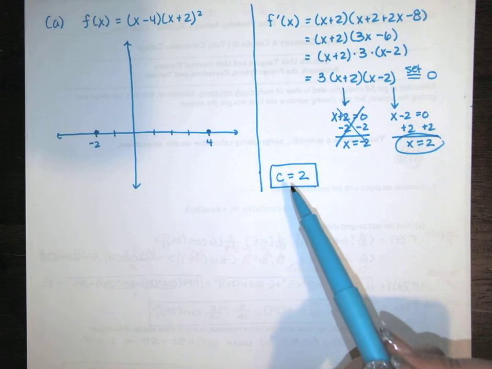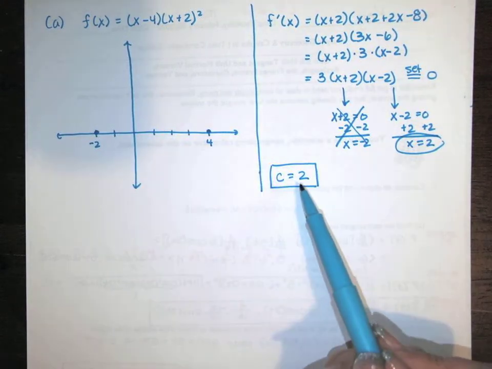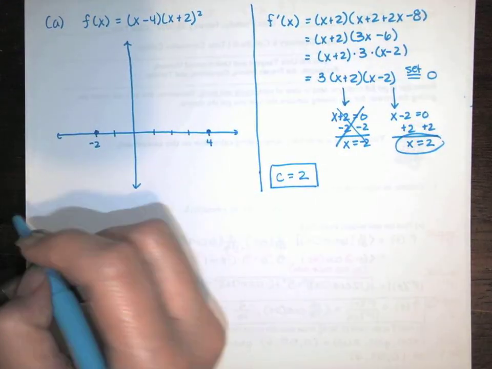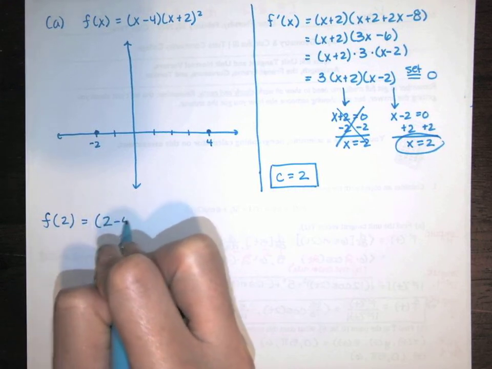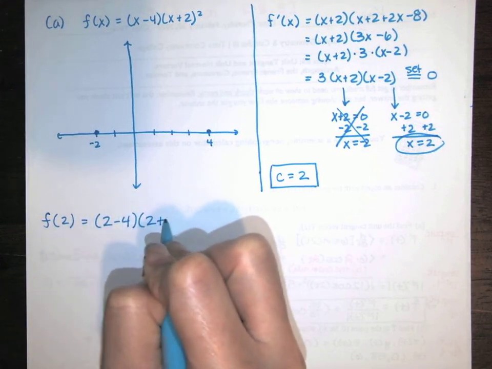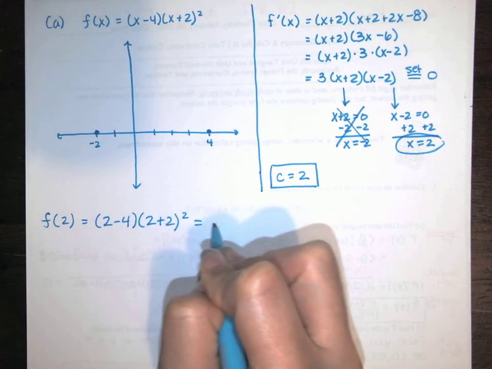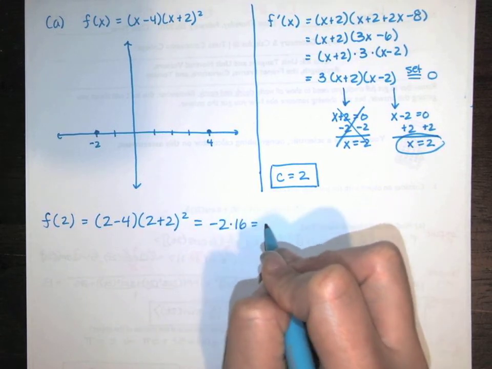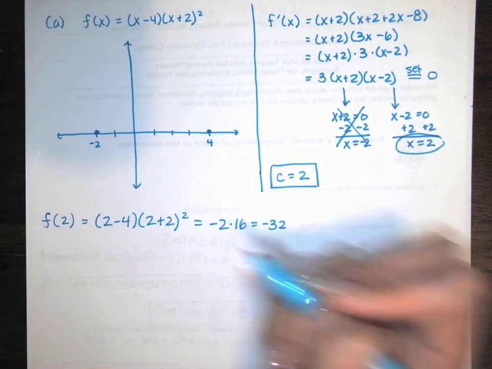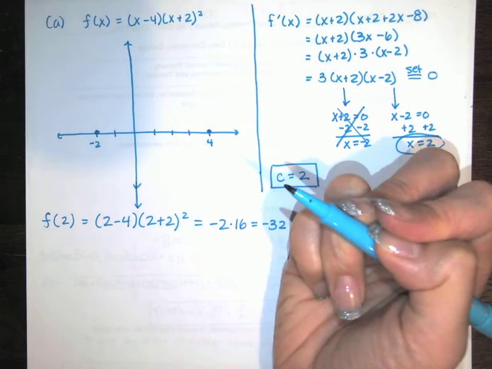To figure out what the y value is there, let's substitute this x value into the original function. So I have 2 minus 4 times 2 plus 2 squared. So that's negative 2 times 4 squared. So negative 2 times 16 is negative 32. Ooh, this is going to be very much not to scale.